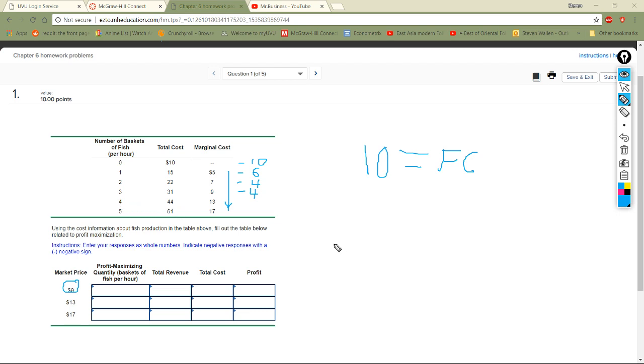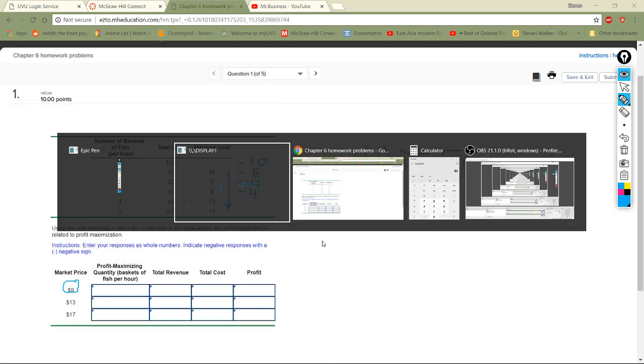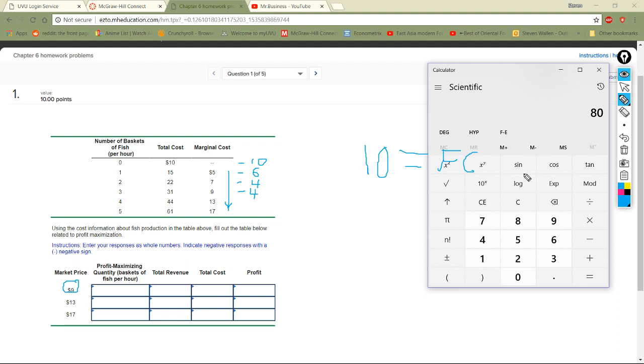Let me bring up the calculator real quick so you guys can see this. Okay. So we go 4 times 9. 36 minus 44. So minus $8.